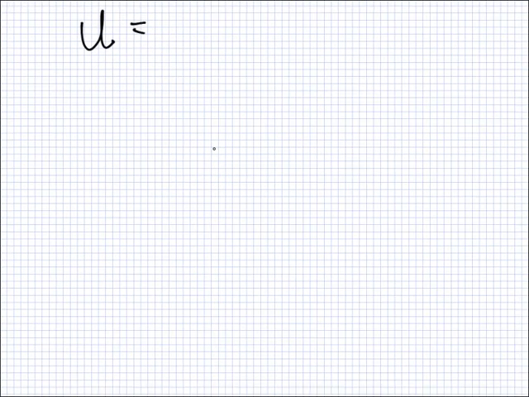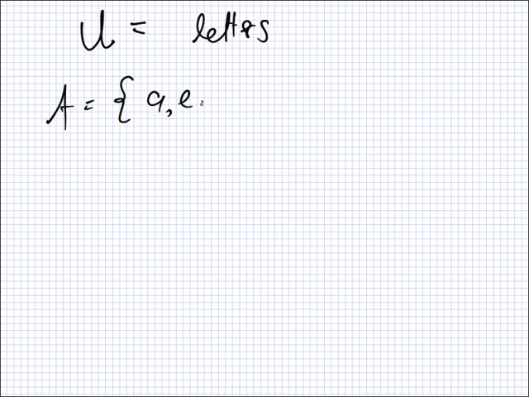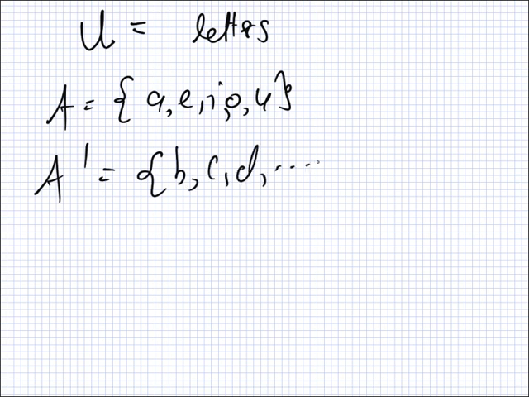Let's say the universal set is all the letters of the alphabet, or something like that. So if set A is A, E, I, O, U, then in this case, what would be not A? All the consonants, wouldn't it? B, C, D, etc. up to Z. Yeah? Okay. Are you okay with not now? Yeah.